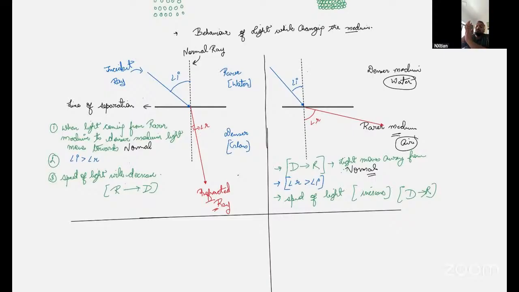Then we can do the lens part or the refraction part very easily. Everyone got this? Say yes or no. Who has doubt? No doubt. Very good.